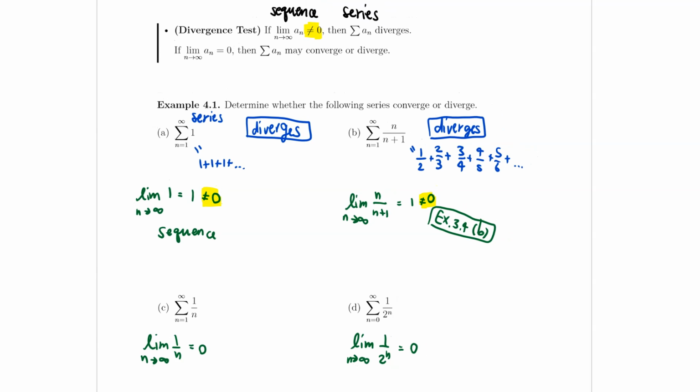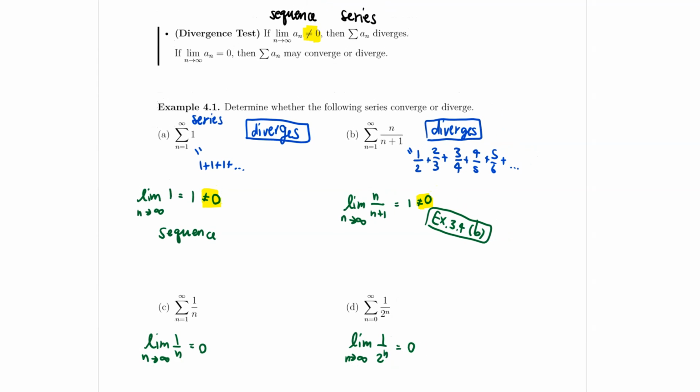However, if the limit of the sequence is equal to 0, like in the latter two cases, then I can't really conclude anything. The sum may converge or diverge. So from the divergence test, these two are going to be indecisive. I can't tell if they are going to converge or diverge using this test.